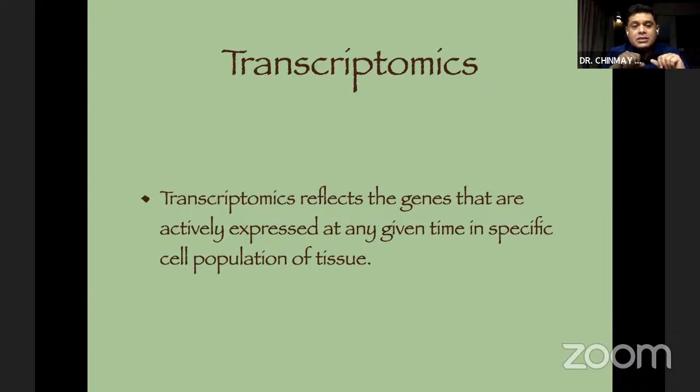What is transcriptomics? Transcriptomics reflects the genes that are actively expressed at any given time in a specific cell population of the tissue. We all know now that certain genes get activated at certain times. So for endometrial receptivity, there are close to 238 genes which actually get actively expressed only during implantation.